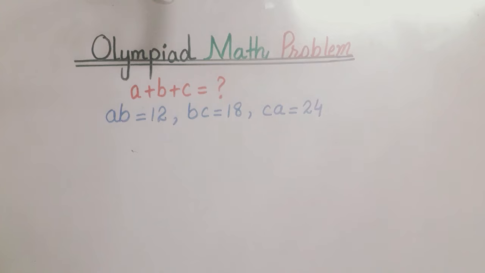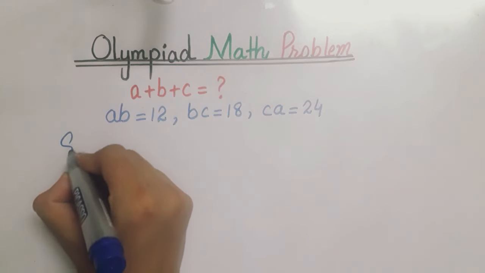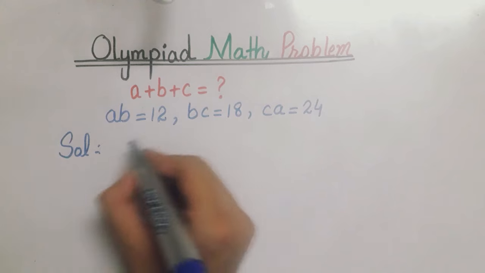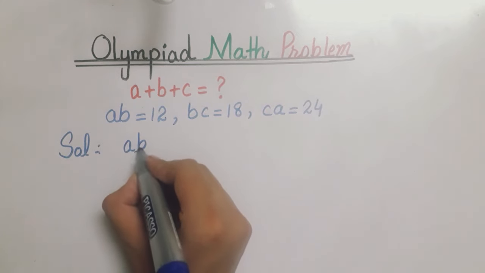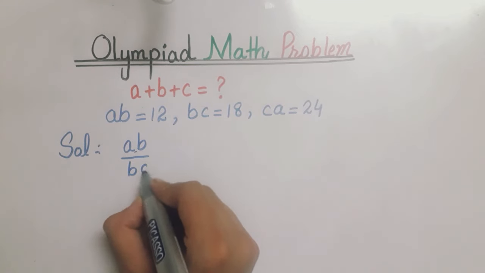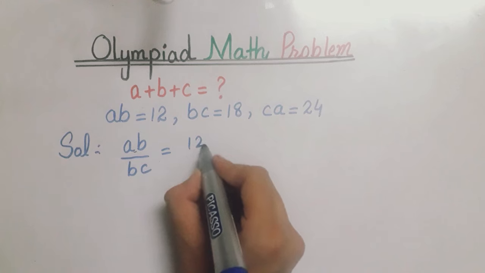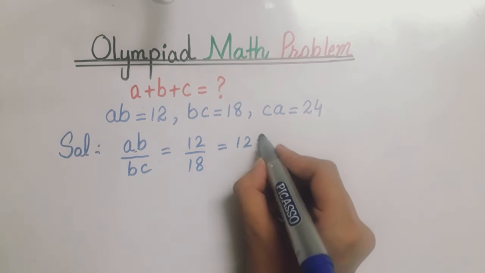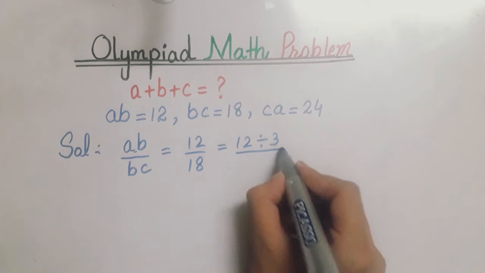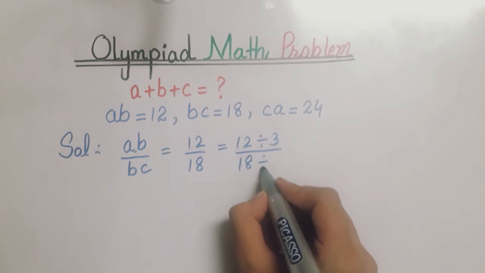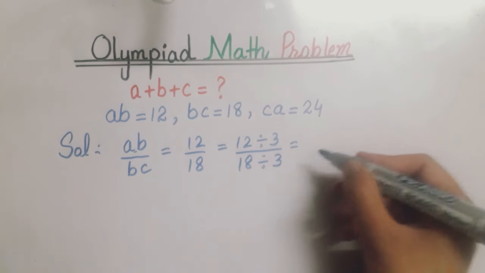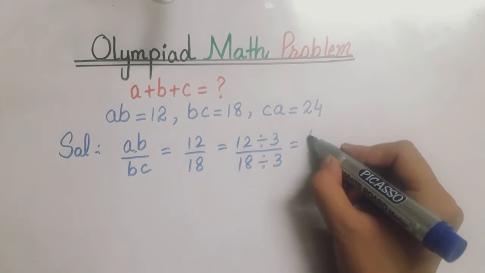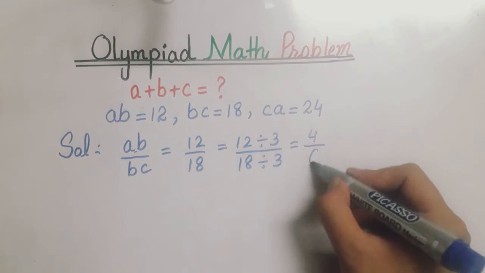First of all, we will take the ratio of AB and BC. So AB divided by BC, we get 12 by 18. Now 12 is divided by 3 and 18 is also divided by 3, so we get 4 by 6.